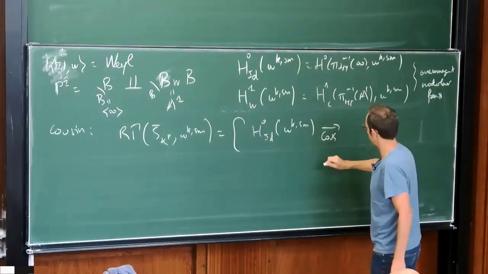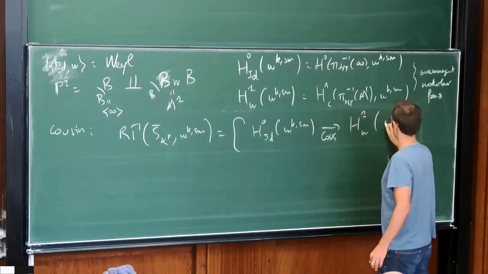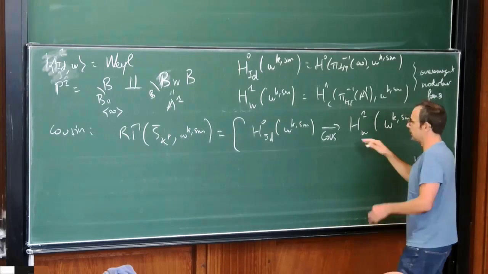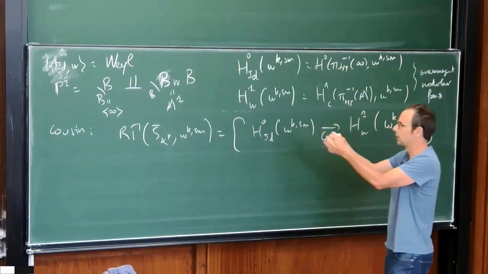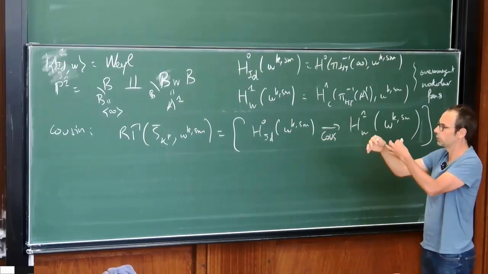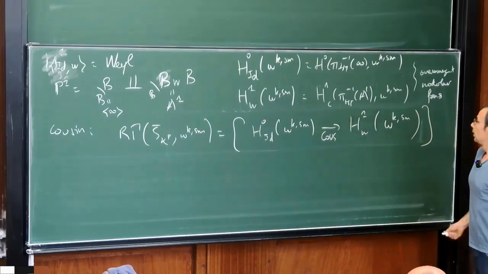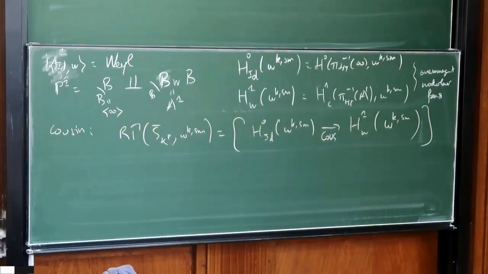Here you have some differential, which we call the Cousin differential. And here you have H1 omega k smooth. Okay, and this complex just comes from some obvious exact sequence where you have infinity and A1. And so yeah. All right.